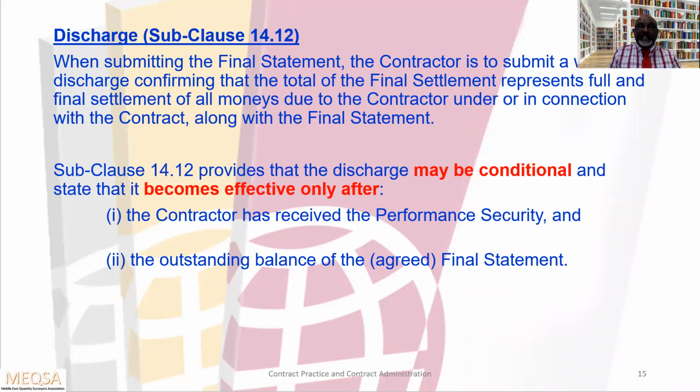So while giving the discharge certificate, the contractor will mention these two conditions. He will state the employer has to return the performance security, the performance bond, and also he has to pay whatever is mentioned in the full and final settlement. That's the outstanding amount he has to pay to that specified account. Otherwise, this discharge certificate will not be effective.